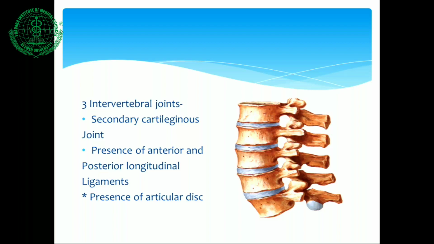Upper end of anterior longitudinal ligament is attached to anterior tubercle of atlas, and lower end extends up to the upper part of anterior surface of sacrum. While posterior longitudinal ligament extends from posterior surface of posterior arch of atlas up to the sacral canal.